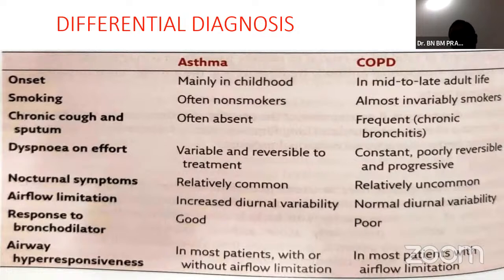And of course, airway hyperresponsiveness, the triggery airways, is a hallmark feature of asthma. In COPD, of course, the noxious substance can also result in hyperreactive airways, but it is not reversible in COPD. Next slide, please.